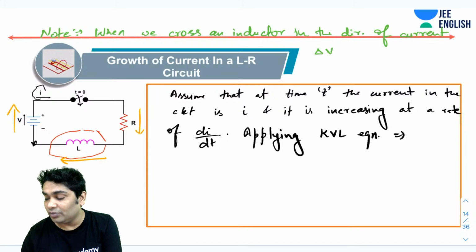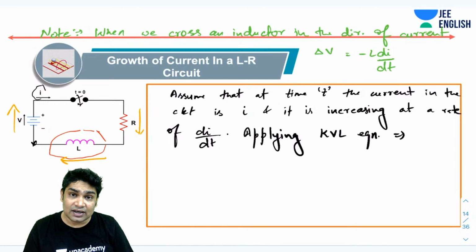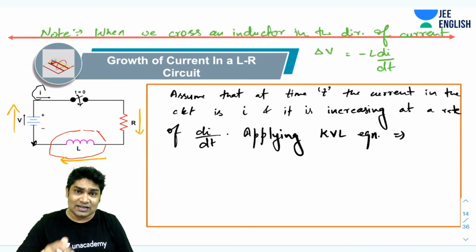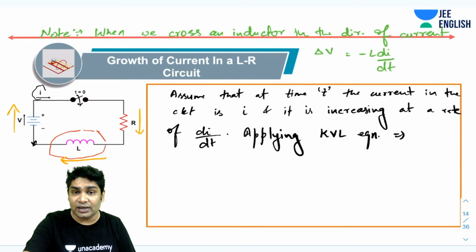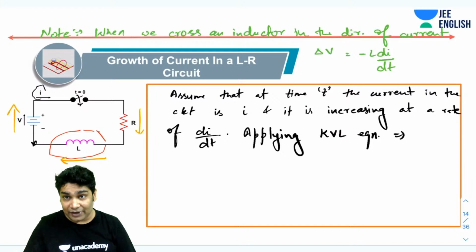Delta V would be minus L di by dt. We have already studied that inductors offer a back EMF, given by minus L di by dt. The minus sign suggests that it is a back EMF, going to oppose the external EMF, and the magnitude would be L di by dt.